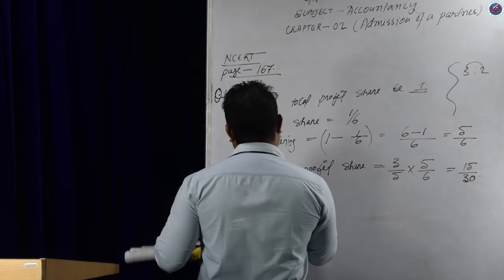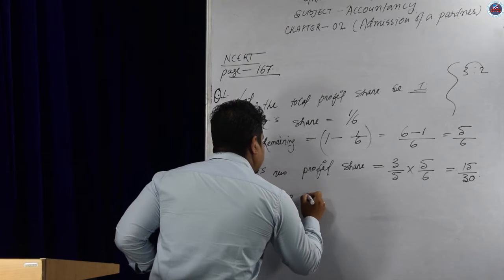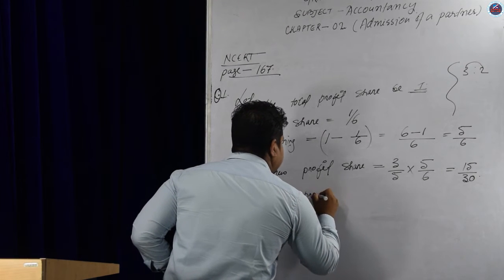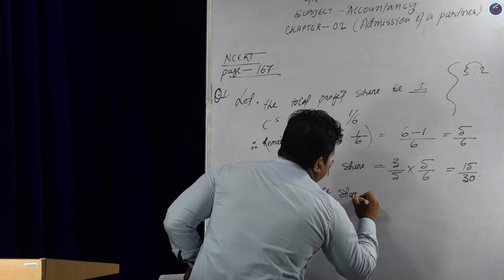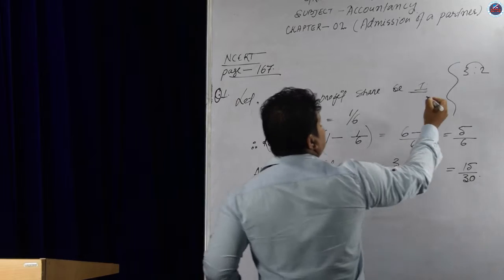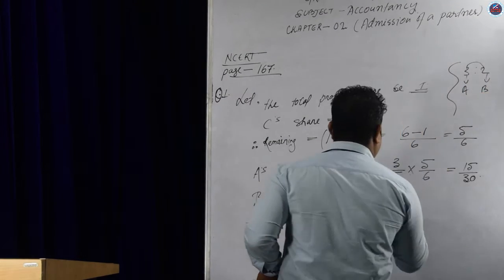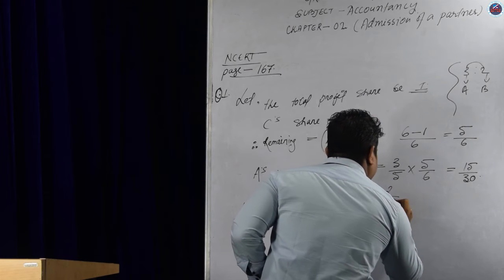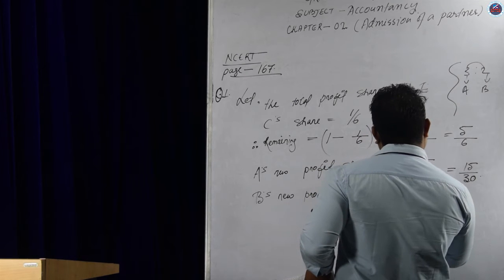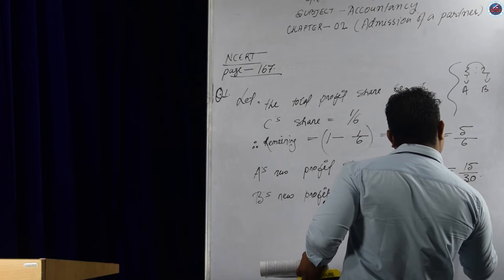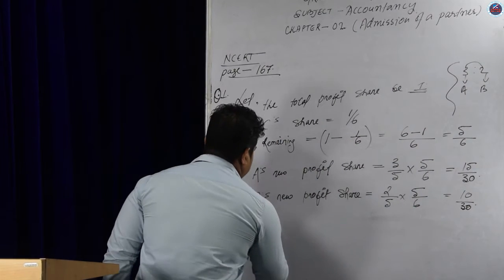Now B is also the same. B's new profit share is 2/5 into the remaining 5/6, which is 10/30.